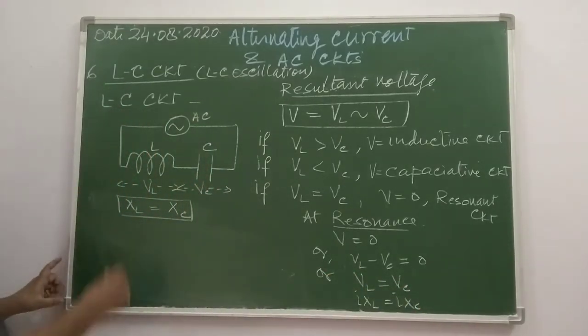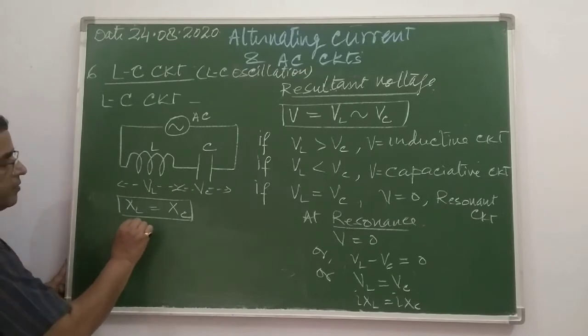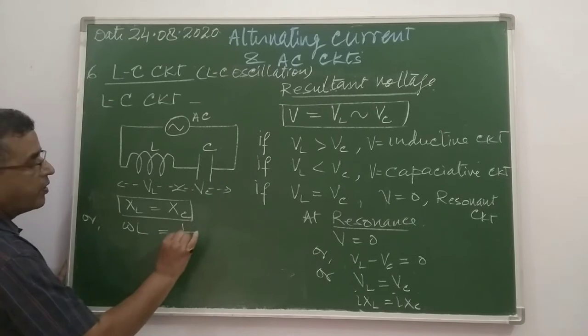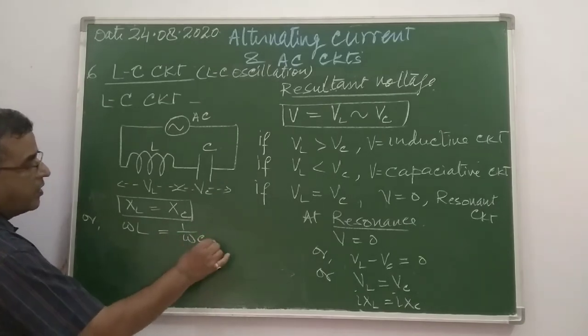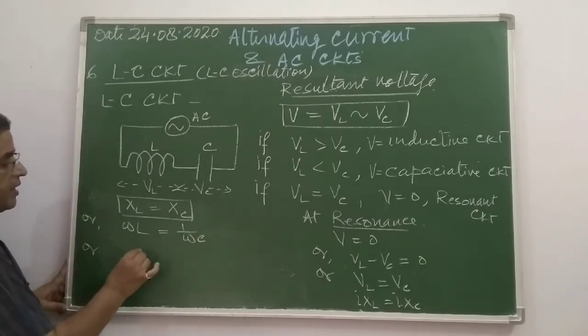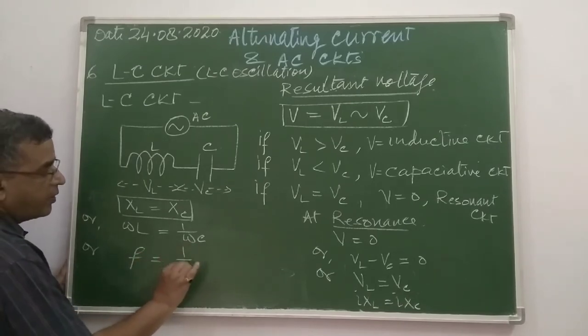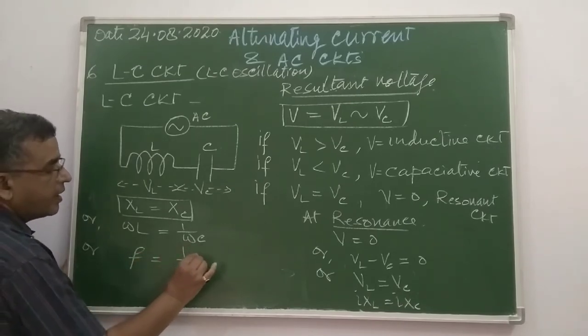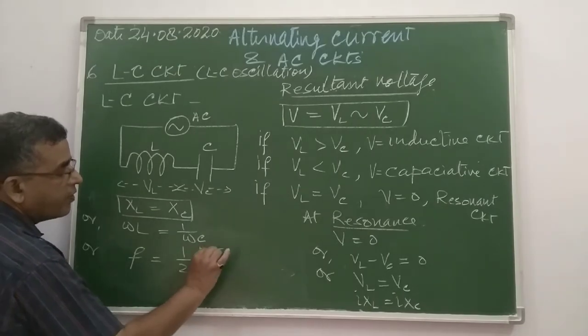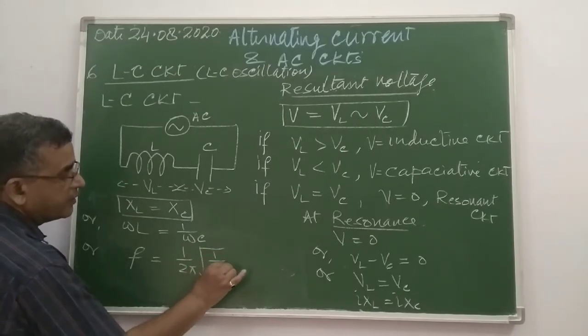So XL equal to omega L, and XC equal to 1 upon omega C, or we can write frequency f equal to 1 upon 2 pi under root 1 upon LC.